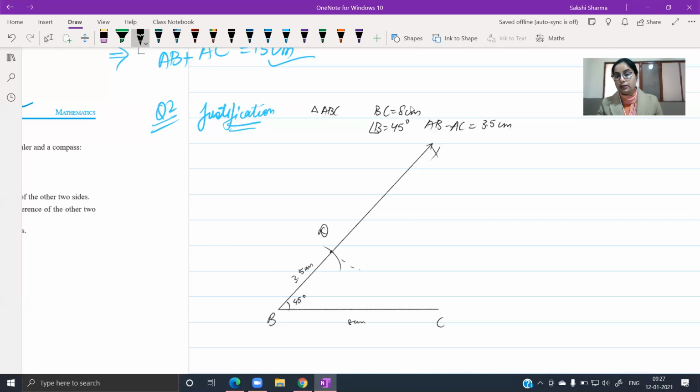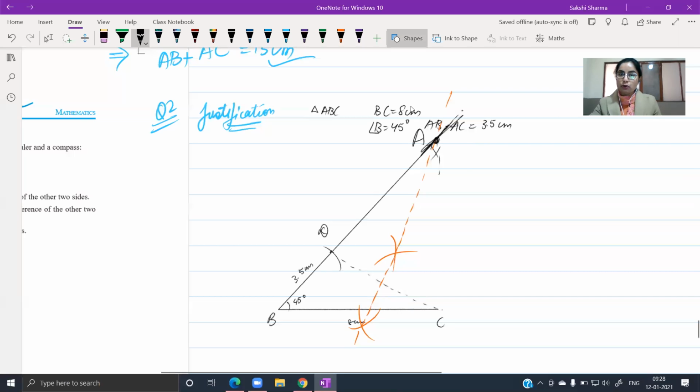Then you join point D with point C, and then you construct the perpendicular bisector for this one. The point where this perpendicular bisector will meet the arm of the angle, this is the third vertex.